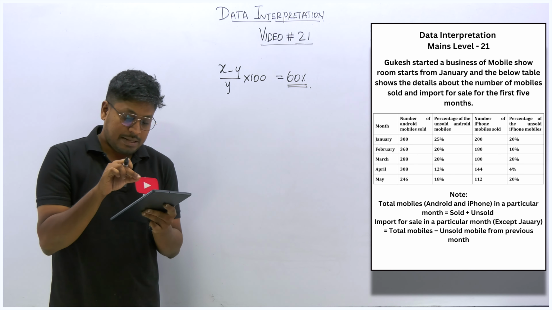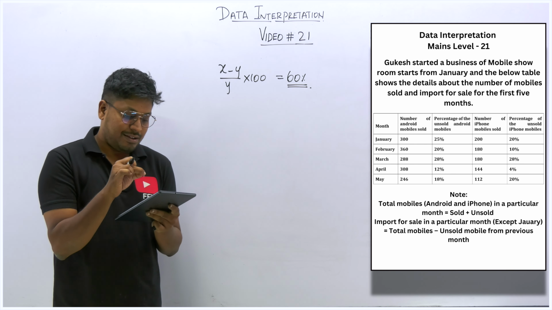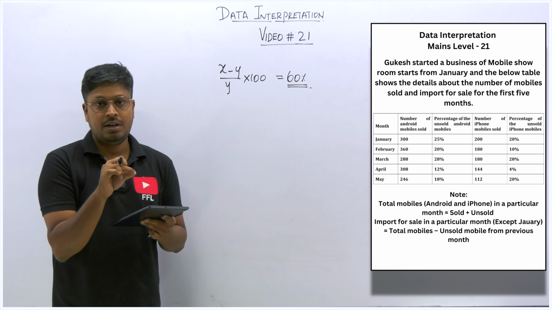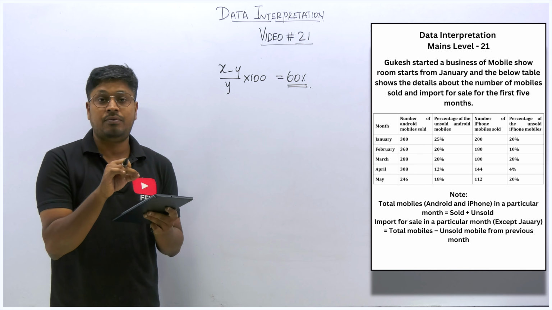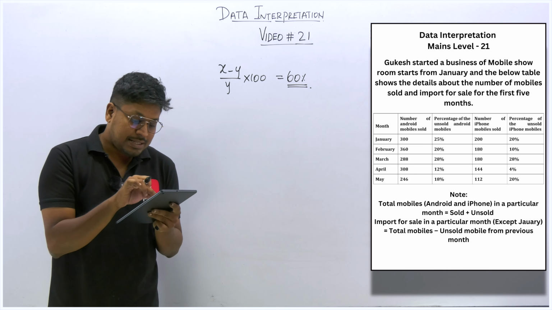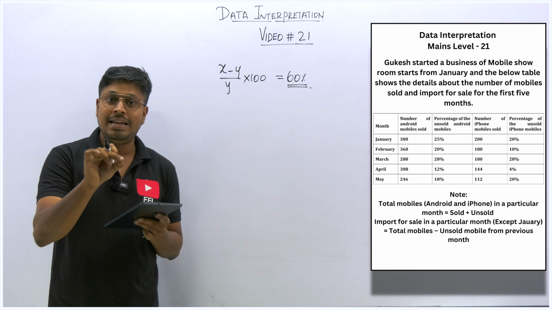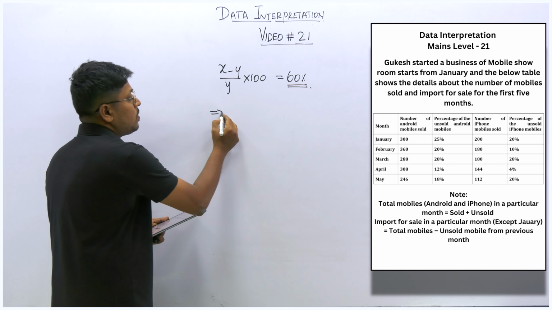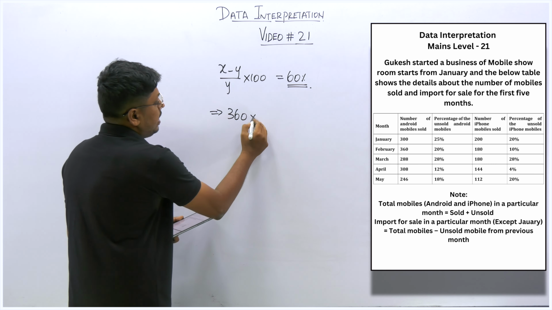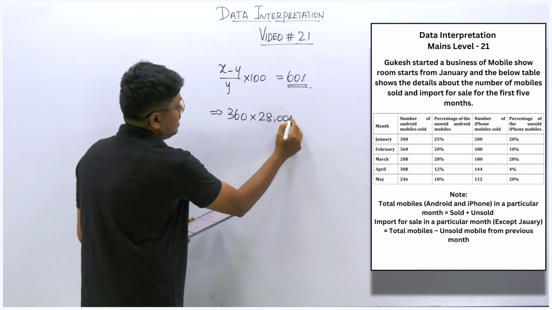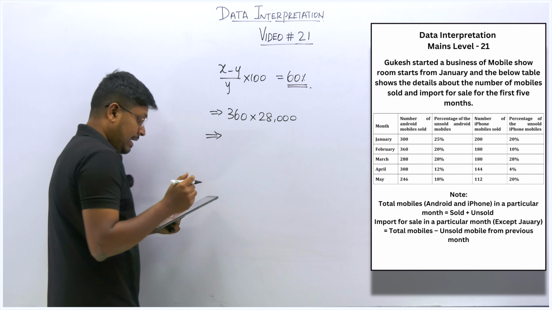Why? In the month of February, the total number of Android mobile phones is 360, and the average price is 28,000. So 360 into 28,000 will be the total cost.